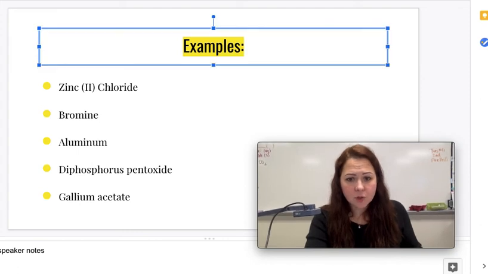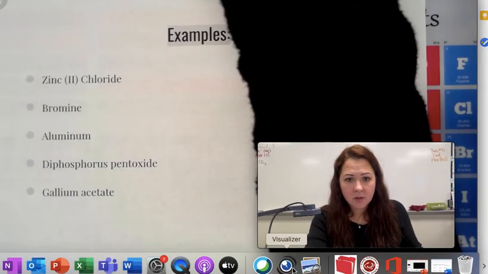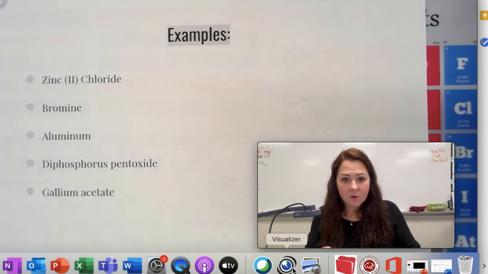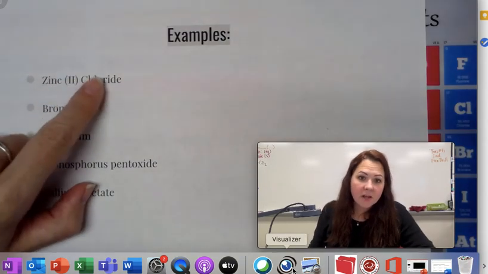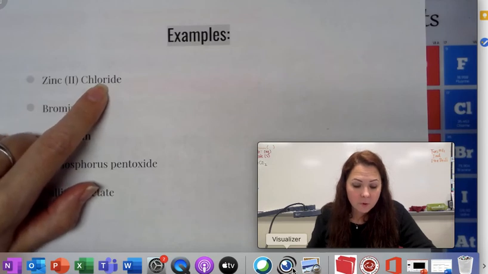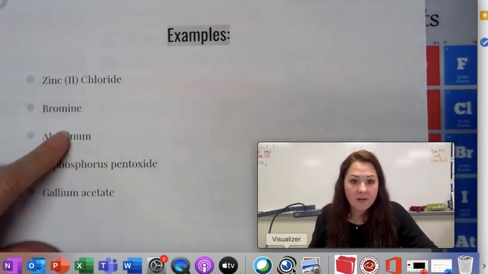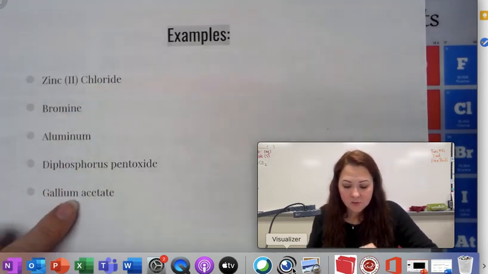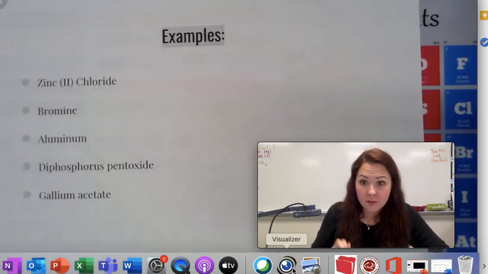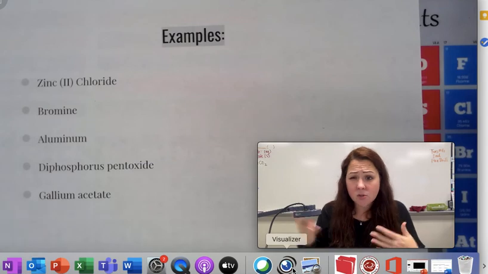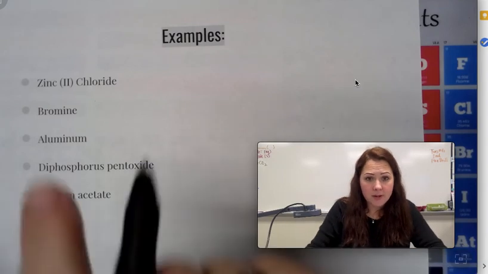I'm going to switch over to my document camera here, and we have to write out the correct formula because I need to know how many zincs and how many chlorines are in this formula, how many bromines, or how many diphosphorus pentoxides, how many phosphorus and how many oxygen. So I'm going to go through all of these and write out the formulas first, just so we have them handy and it goes quicker in a few minutes.